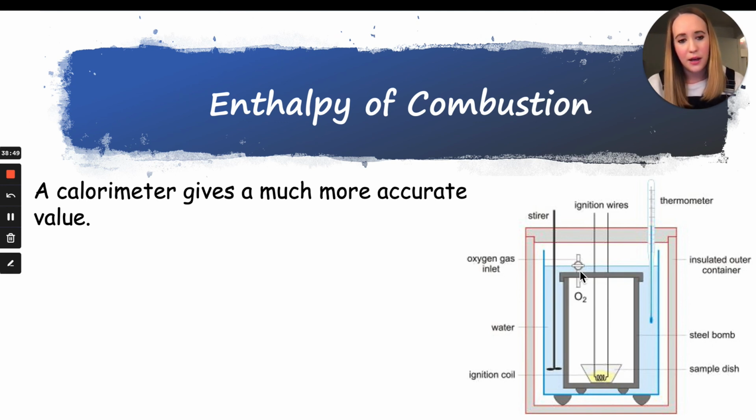And you'll see the tap here is for oxygen. So inside this inner container, we've got an atmosphere of pure oxygen. So our fuel with the calorimeter setup is burning in pure oxygen. So that should eliminate any issues of incomplete combustion, because if we've got pure oxygen, then we're going to get complete combustion happening only.